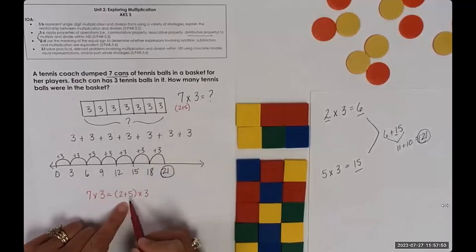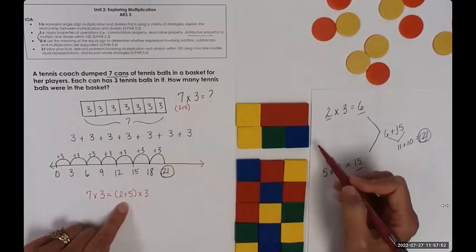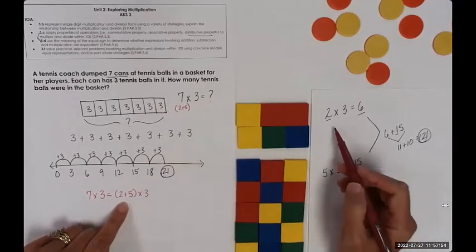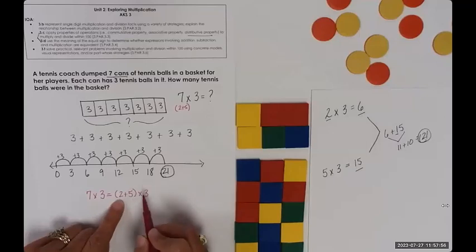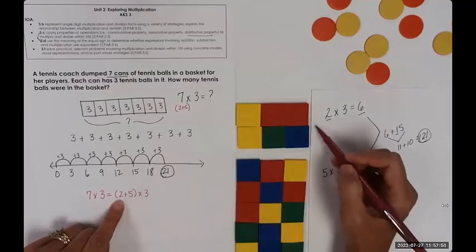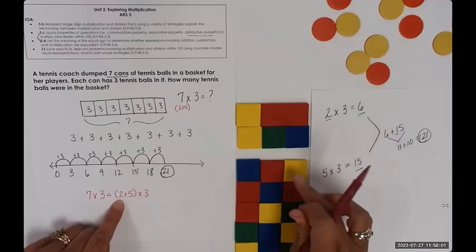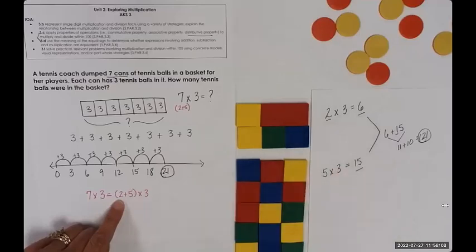Because what we're going to have to do now, and what we did over here, is multiply both of our addends times 3, because in each one of these groups was 3, groups of 3.